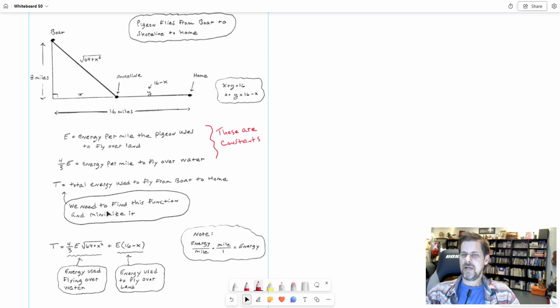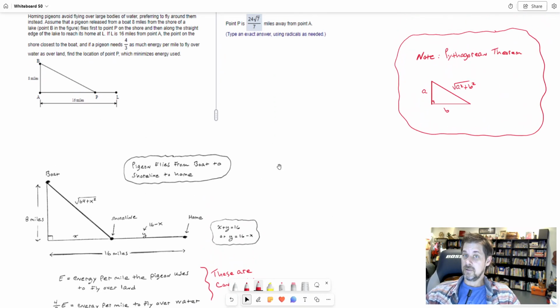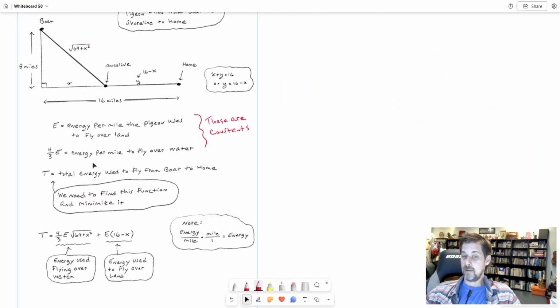Okay, so if I have a function that tells me the total energy used to fly from the boat to the shore to the home, how would I find its minimum? Because the question was, what's the minimum, like where is this point right there that minimizes the energy used? So how do I find the minimum of this function t?